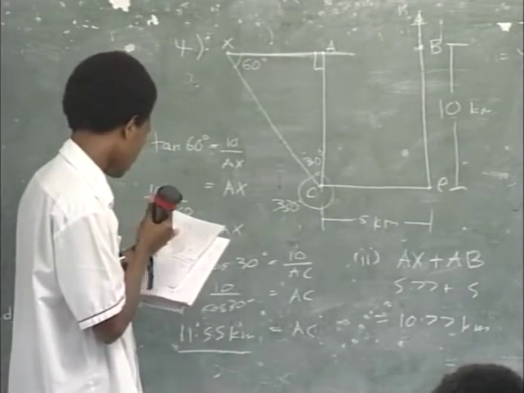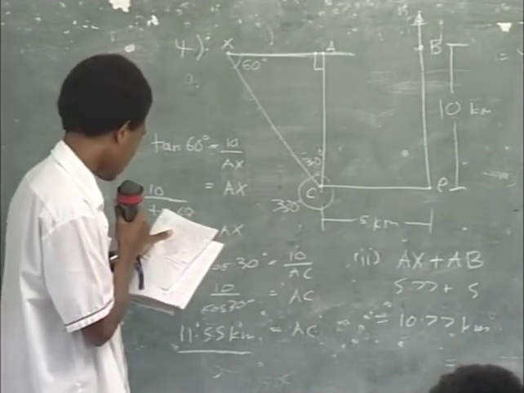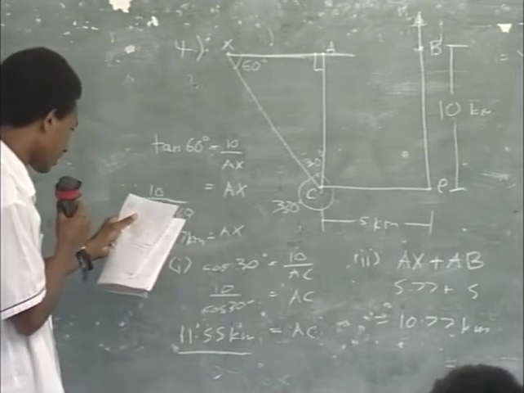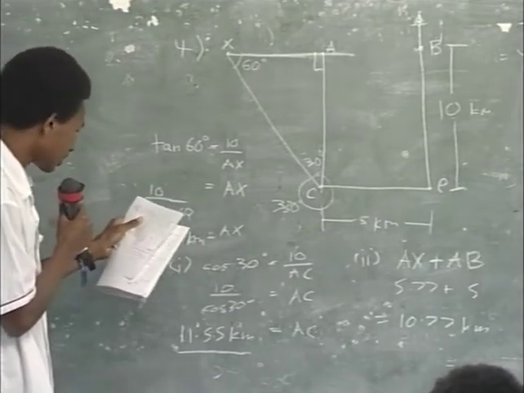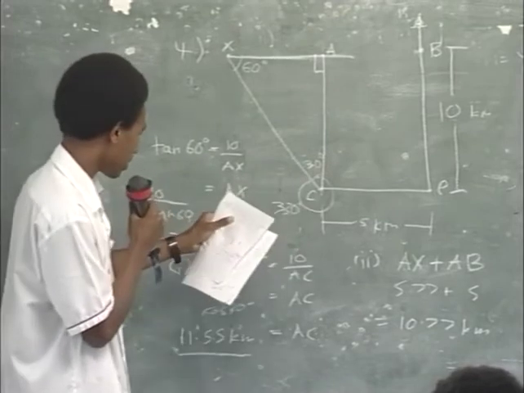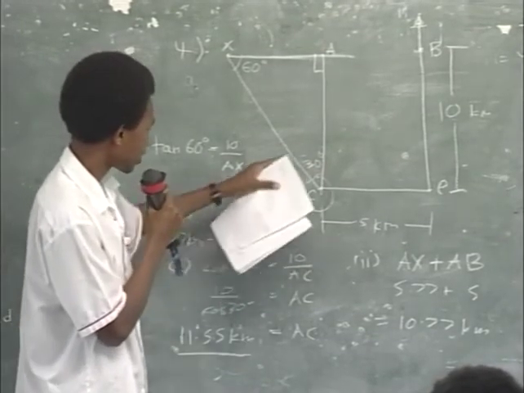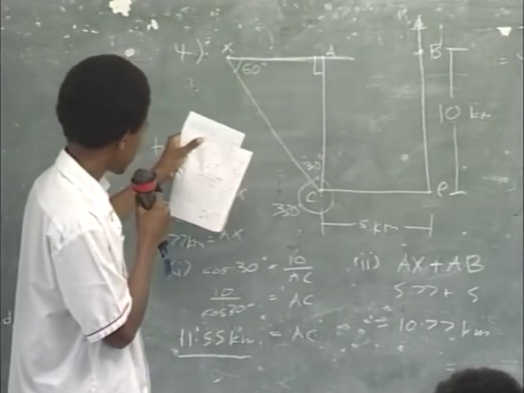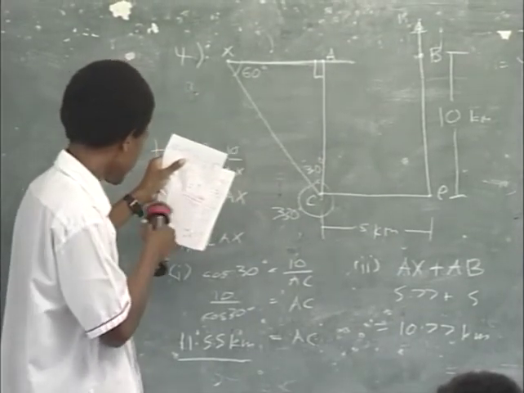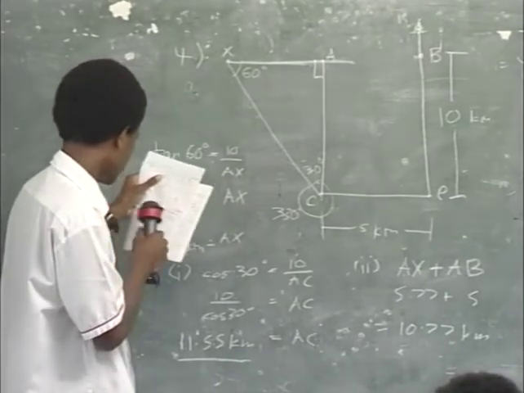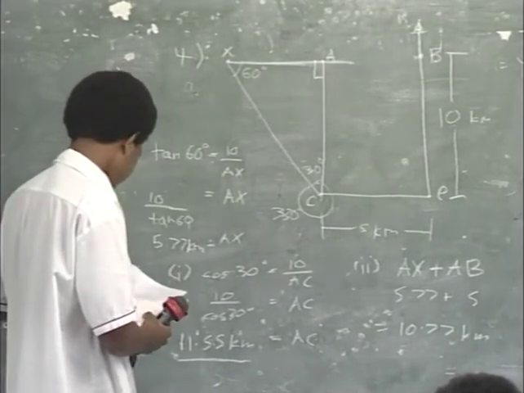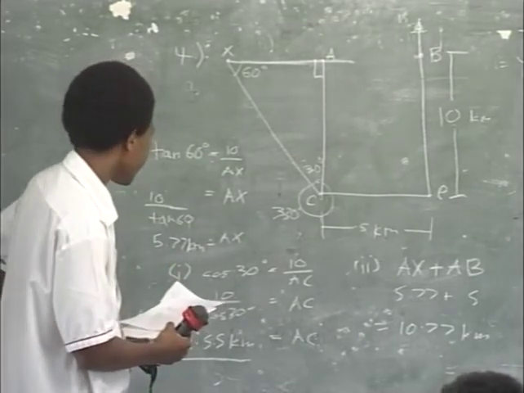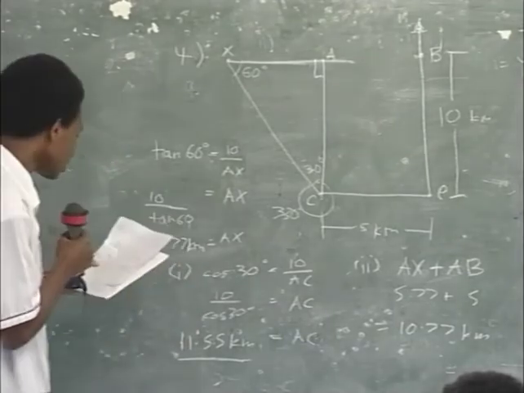So when we have that, to find the distance the ship has to sail, we use cos 30, which is 10 over the hypotenuse, which is CX.